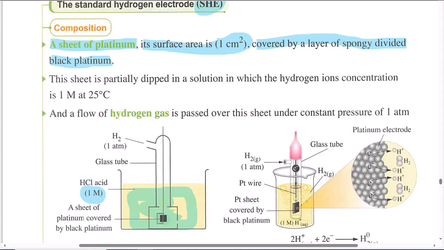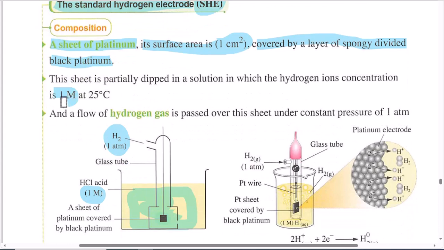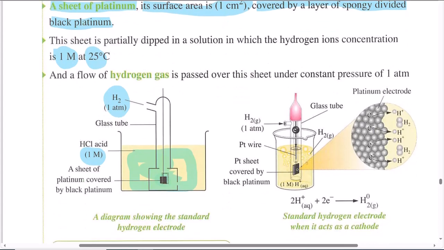Over this sheet flows hydrogen gas with a partial pressure of 1 atmosphere. In these conditions, the hydrogen electrode is considered a standard hydrogen electrode, not an ordinary hydrogen electrode. The solution concentration is 1 molar and the temperature is 25 degrees Celsius, with a platinum sheet of surface area 1 square centimeter covered with very finely divided black platinum to absorb hydrogen.